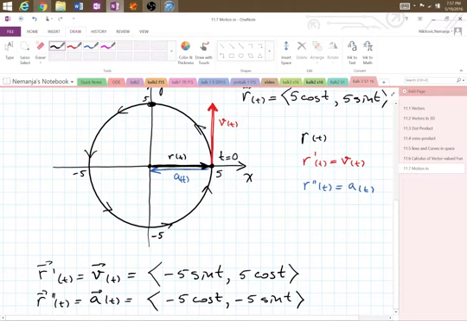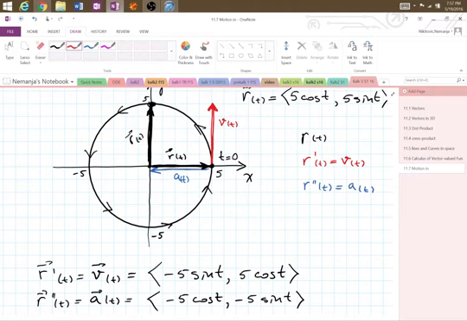for pi over 2, for instance. So for pi over 2, cosine of pi over 2 is 0, so it's going to be 0, 5. So this is the r of t vector. Then we compute the red one, which is the velocity.